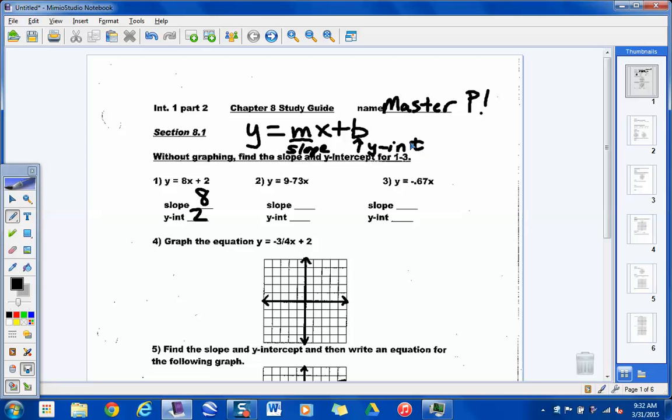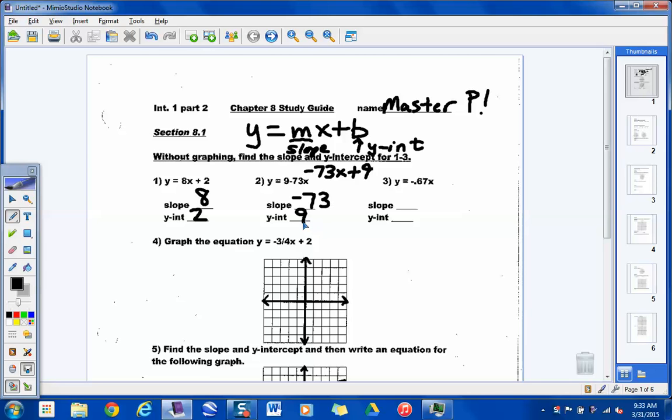Okay, show of hands on the next one. What's the slope in the next one? Be careful. Negative, yep. Negative 73 means the y-intercept is what? Because I could write this as negative 73x plus what, guys? Same thing. Okay? So the y-intercept would be 9. Check the next one. Slope, and the intercept. Be careful on my intercept here. Intercept is 0.